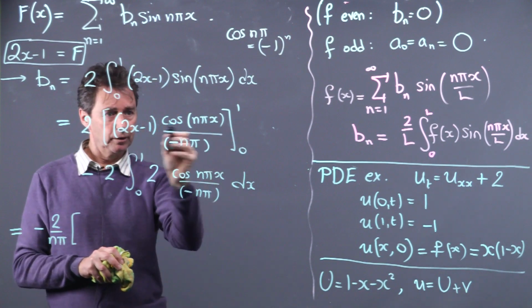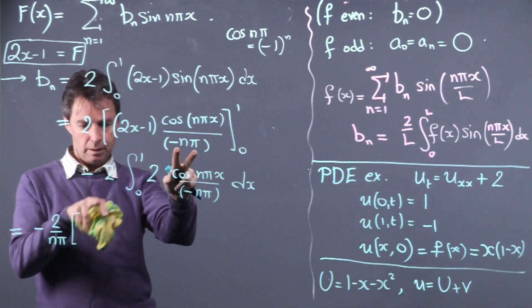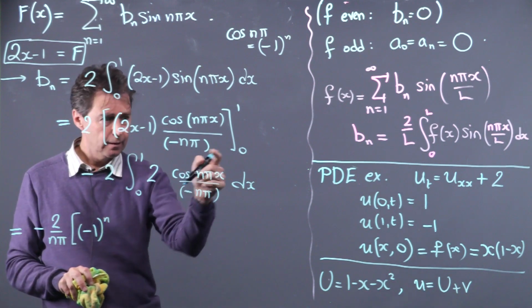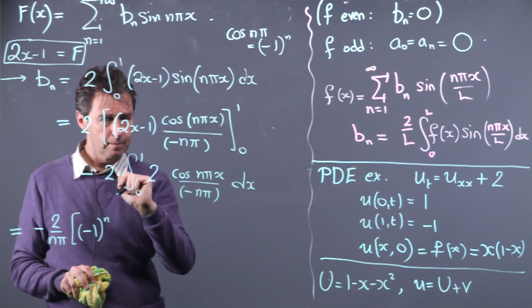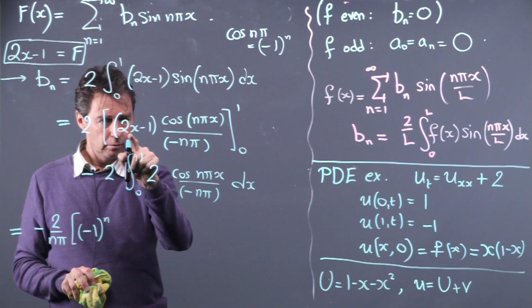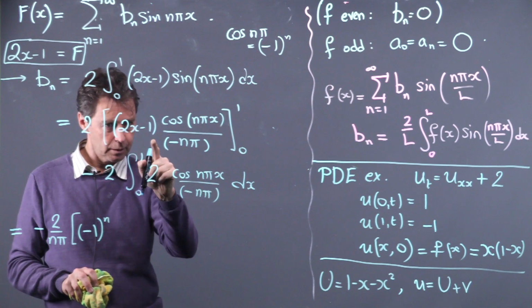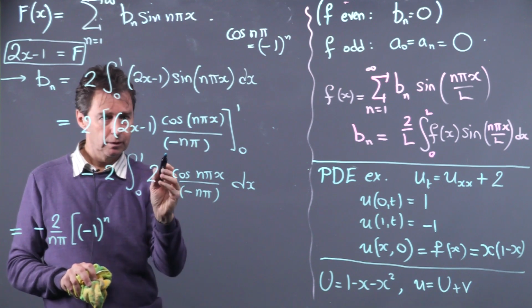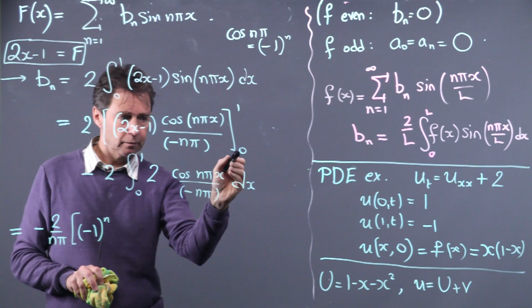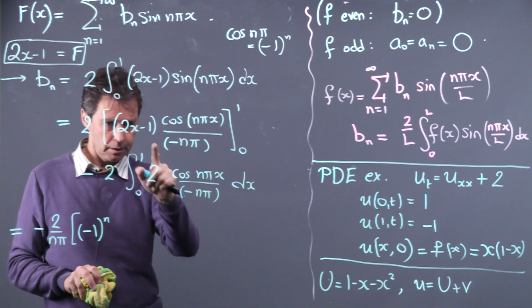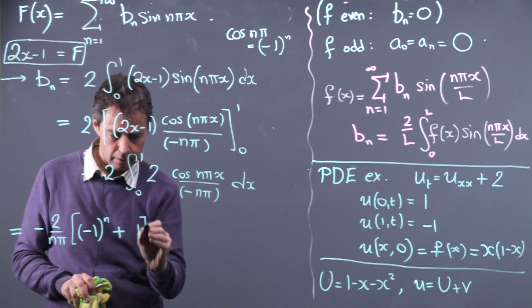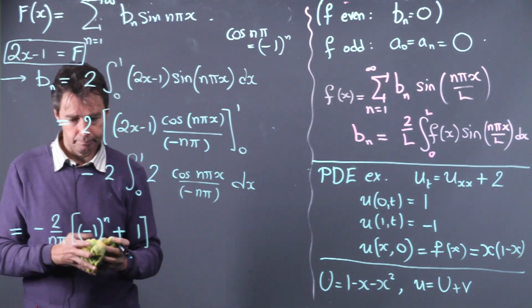So this first term, given that I've taken the minus n pi out front here, that's just minus 1 to the n. Now if I put 0 in there, that becomes 0 minus 1, so there's a minus 1, and that becomes plus 1. So because it's the lower limit, there's one minus sign, there's another minus sign from there, that gives us a plus sign, and cosine of 0 is 1.